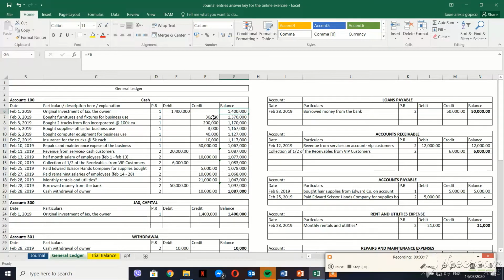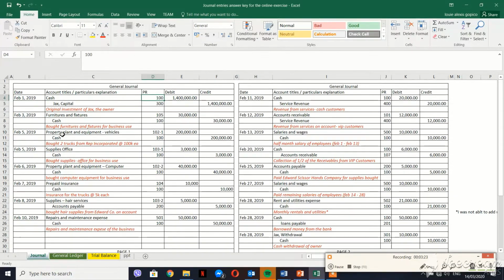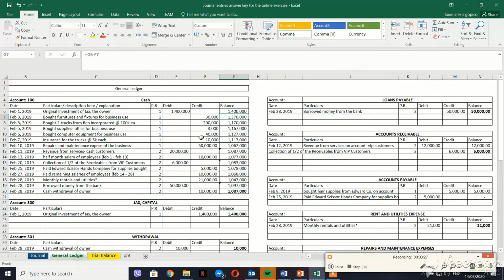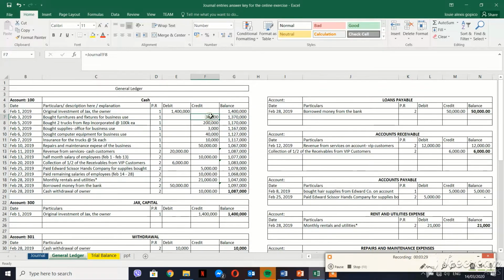The balance at the end of February 3 is 1,370,000 because we bought furniture using cash. See, February 3, our cash decreases by 30,000. So in the general ledger, the cash also decreases by 30,000 as represented by the credit. So the balance is just 1,370. And move forward to February 11.